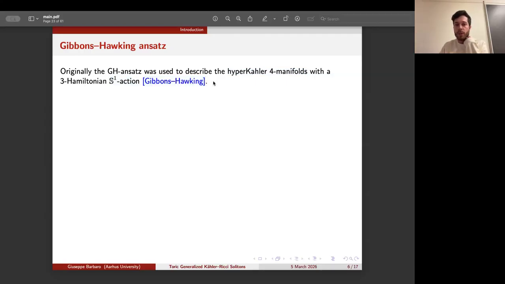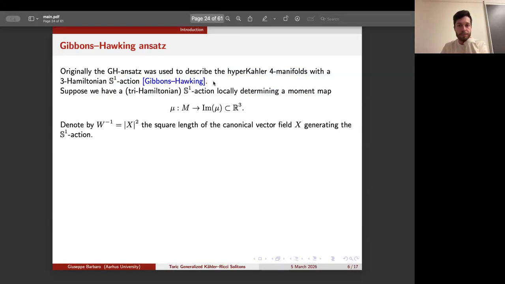Now in the generalized Kähler case, you can do the same using the three symplectic forms that we saw before. You suppose, at least locally, to have an S1 action which is Hamiltonian with respect to the three of them. You look at your moment map with respect to this action, and it will go somewhere in R3. You look at the manifold locally as an S1 bundle over the image of the moment map, and you can characterize the metric as a bundle-like metric.